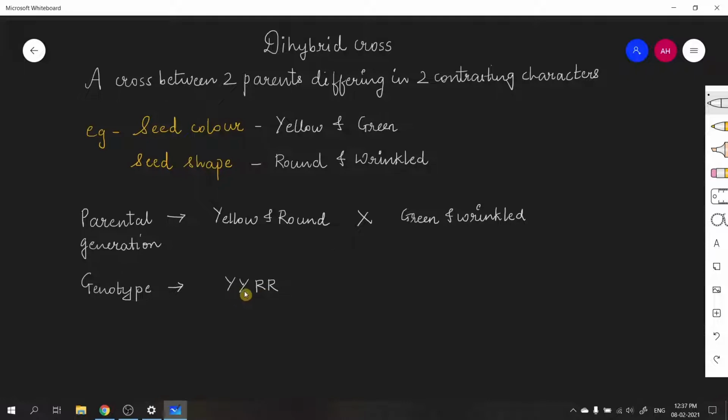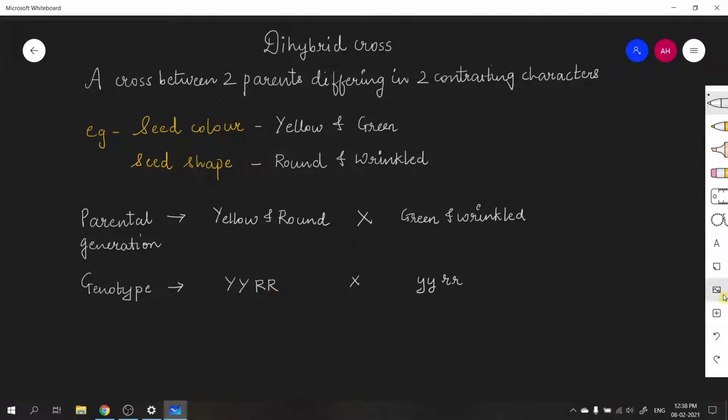We know that genes always work in pairs. So that is why a pair of capital Y and a pair of capital R crossed with small y, small y, small r, small r. So we will consider for green it is going to be small y, and for wrinkled it is going to be small r, right? These are the genes that determine these traits. That will be the genotype.